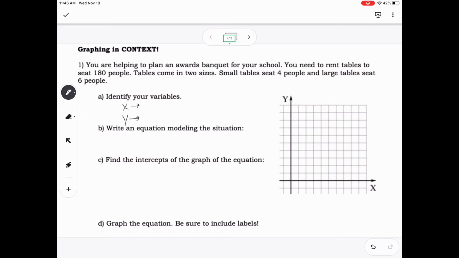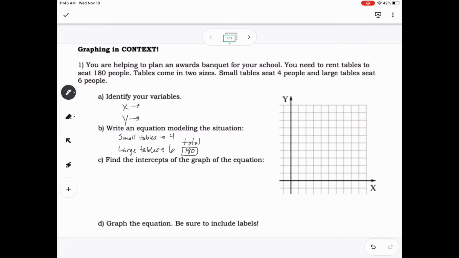So I know that I have small tables, and they seat 4 people. Large tables seat 6 people, right? And we need to seat a total of 180 people.